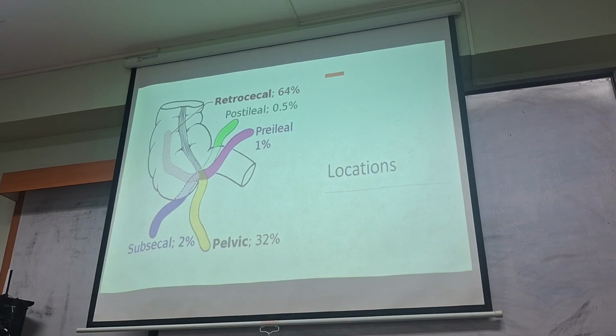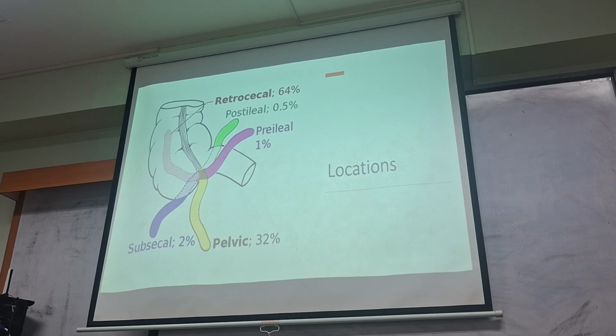The locations of the appendix are a significant factor in telling the surgeon how difficult your life is going to be when you operate on the patient. But more often than not, you are only going to find out intra-op. It's rare to find out the location of the appendix pre-op.